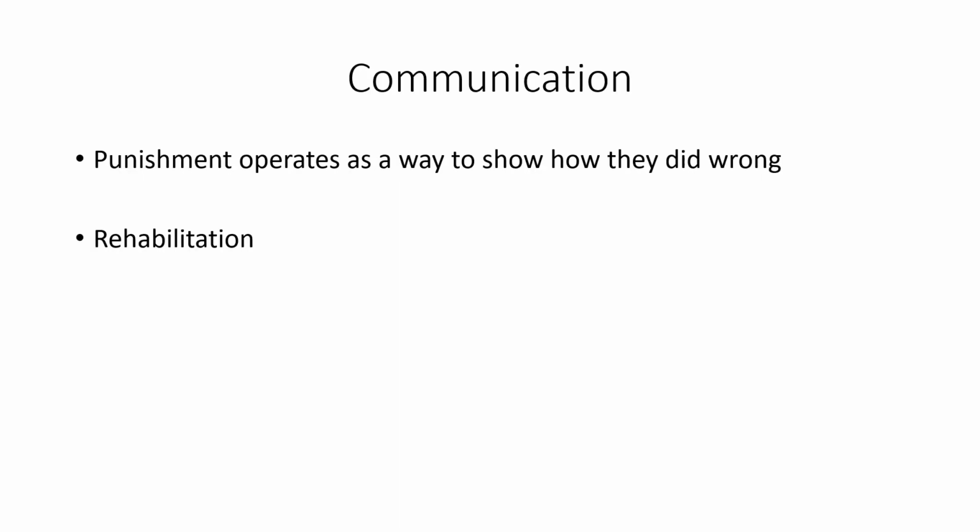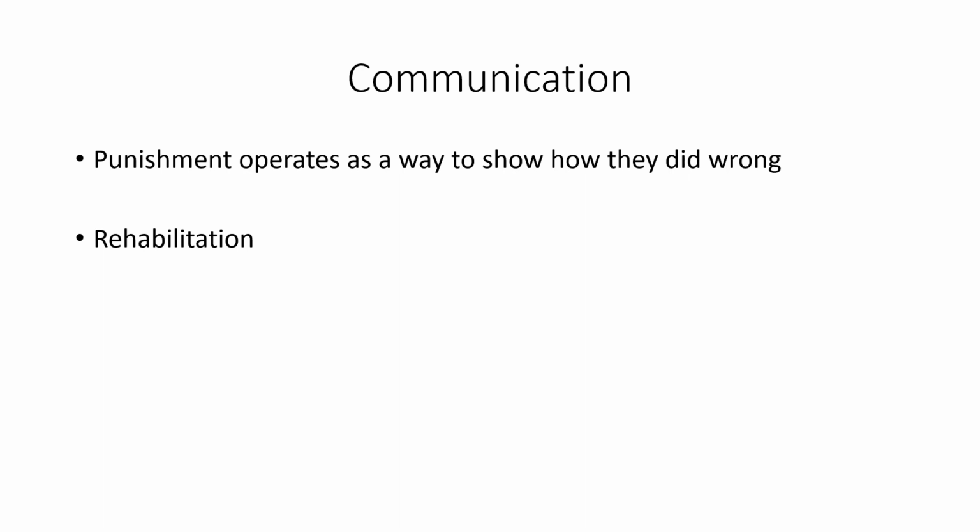Now on to communication. Some may recognize this as rehabilitation, but in philosophy we use the term communication for this justification for punishment. We're trying to use the punishment to show the criminal what they did wrong, to give them the opportunity to reflect on what they did and see that they did the wrong thing, and then they won't do that in the future.